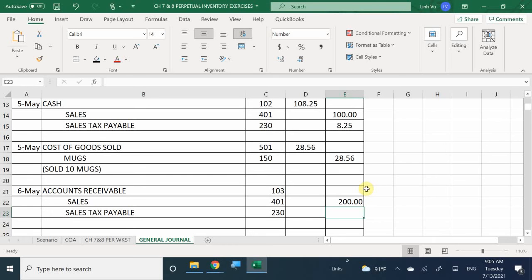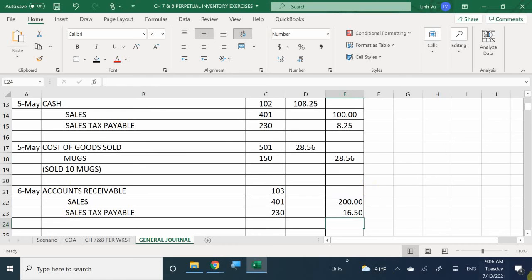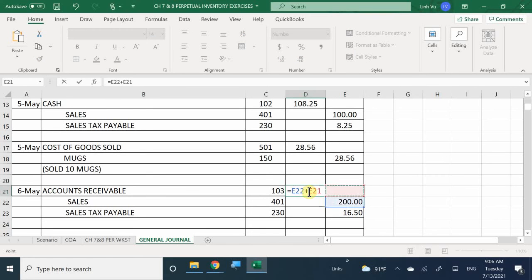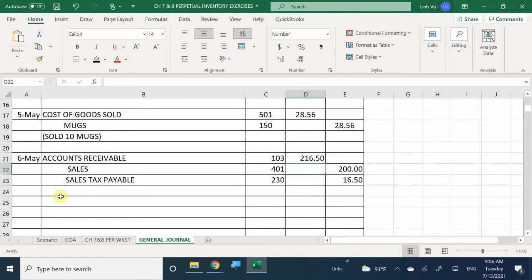What's the amount of tax I'm going to be collecting from customer A? $16.50. So in grand total, how much does customer A owe me? $216.50.